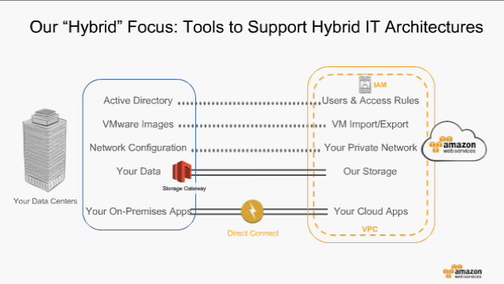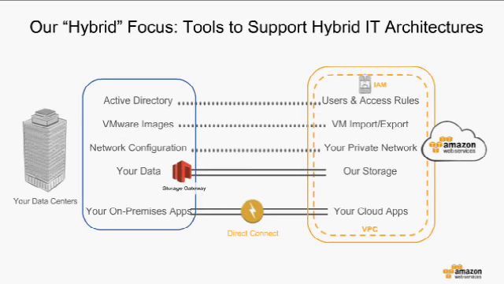We provide capabilities such as VMware import-export, so you can take VM images and import them into AWS. You can take your data and replicate it from your on-premise environment into AWS using something called a storage gateway. And you can move your Active Directory information into our IAM, which is our access management platform.